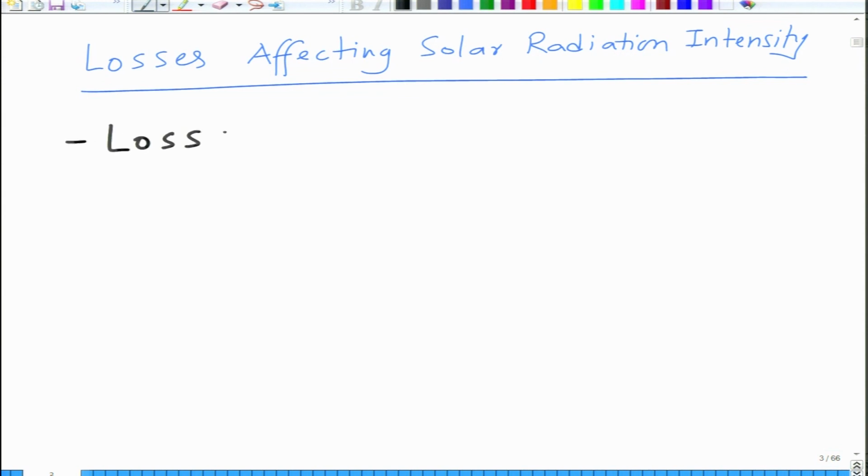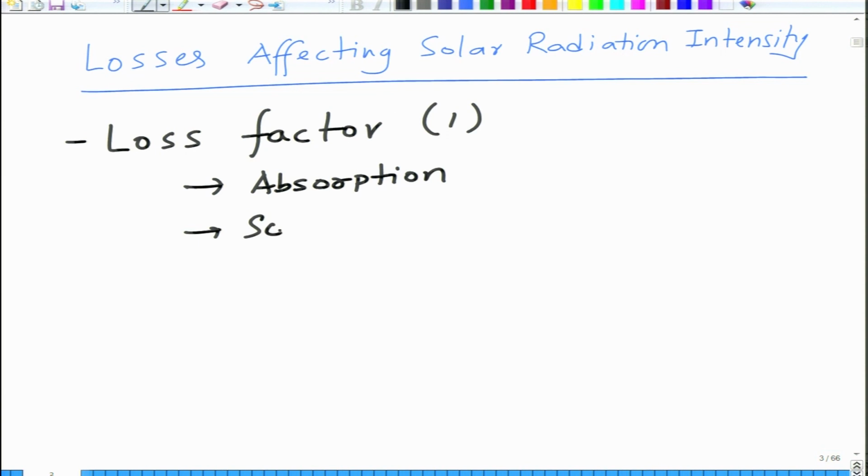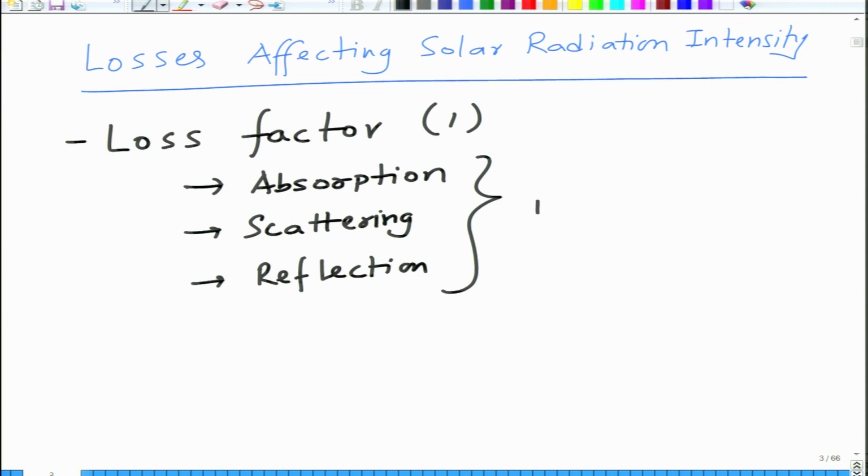So, the loss factor, you can say 1, is because of absorption, scattering, and to some extent also reflection. This is in the atmosphere.